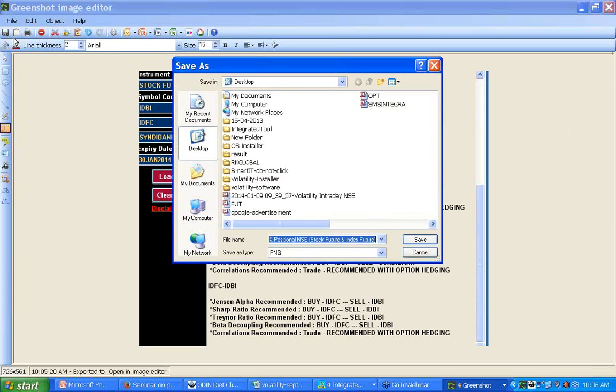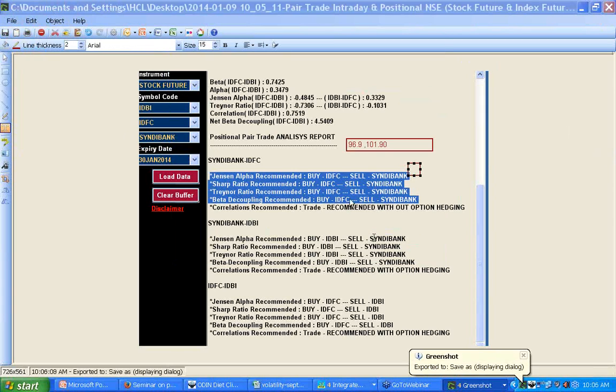So without any option hedge we are getting it. Let us save it and we will follow it afterwards.